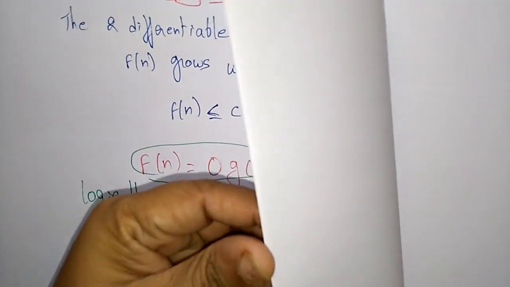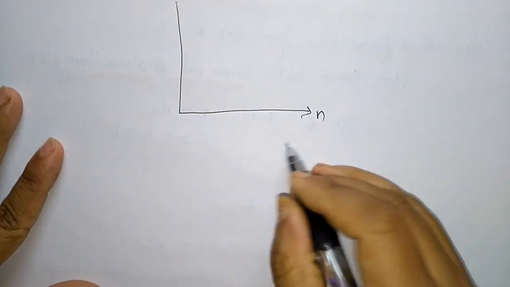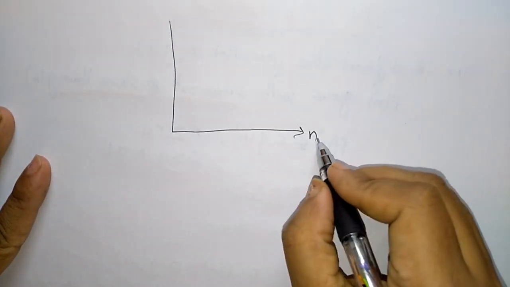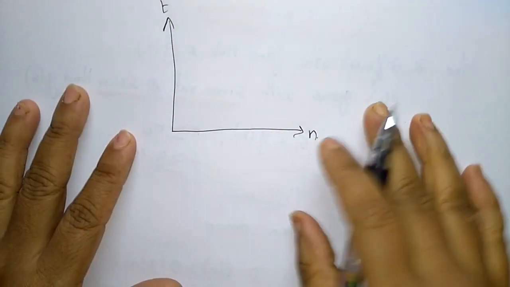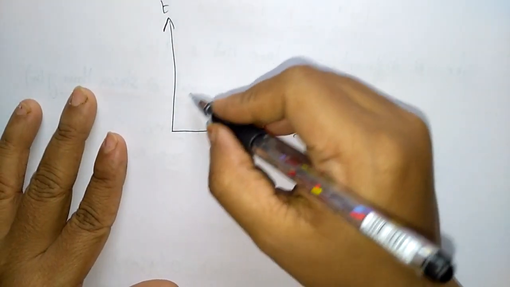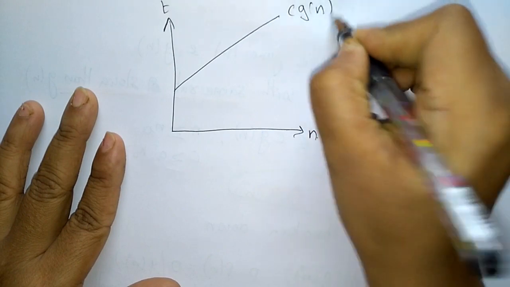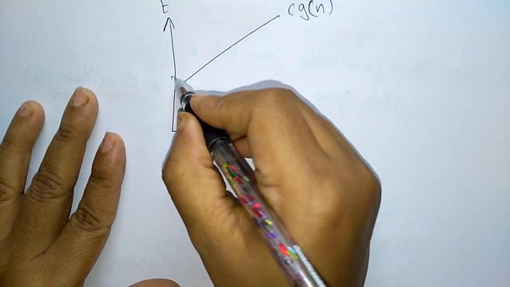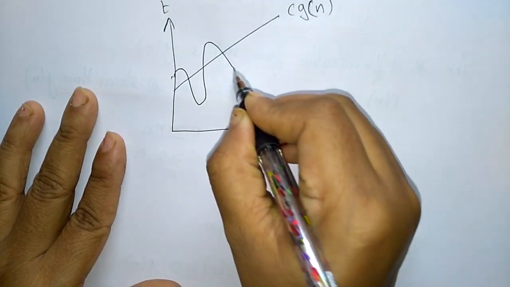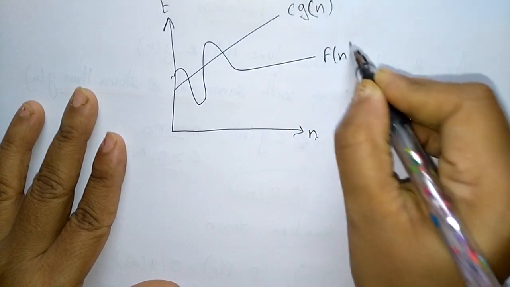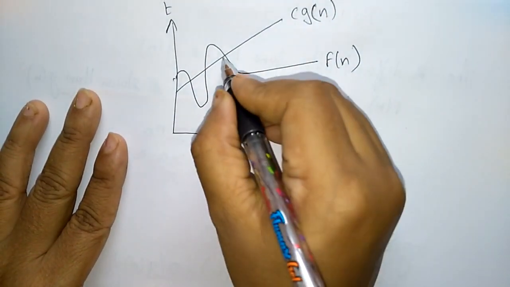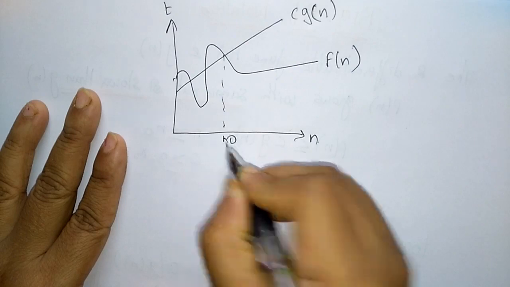Okay, let me take the graphical representation of this big O notation. Here n indicates the size of the input, and this axis is the time it takes for the function to complete. Now I'm taking c g of n, and here this is the function f of n, and this is the n naught.